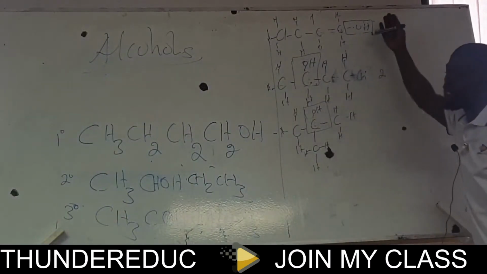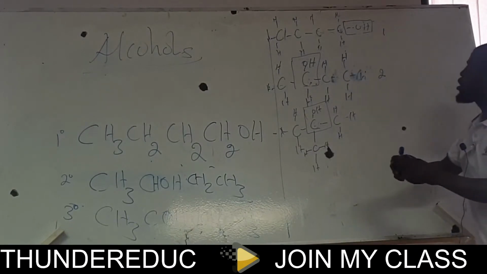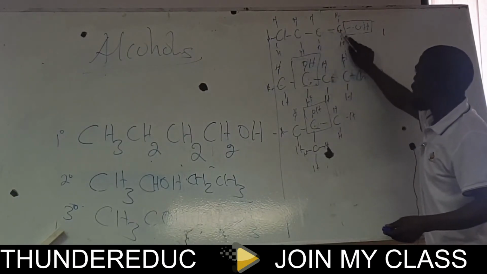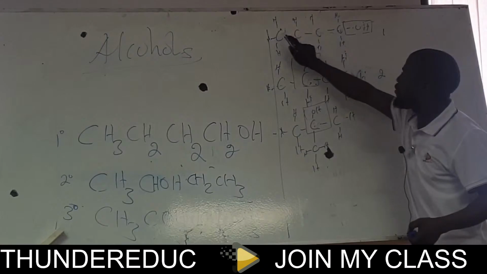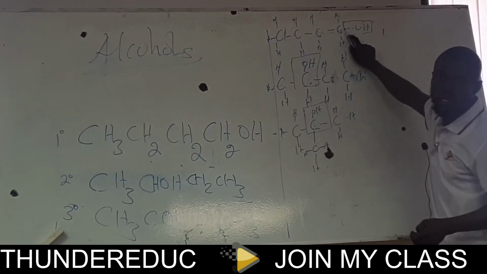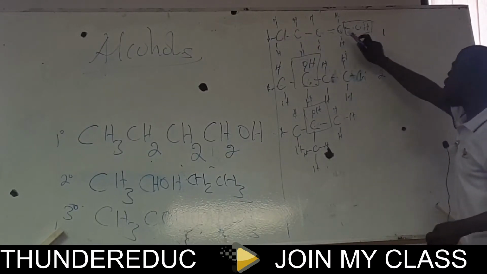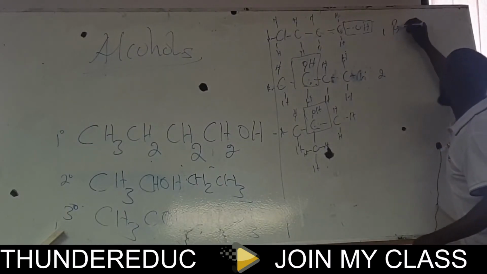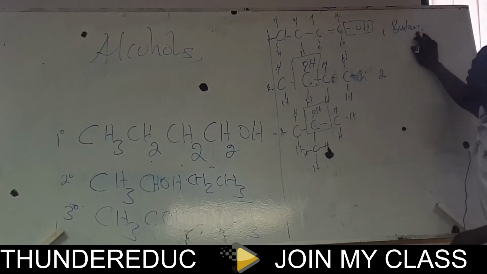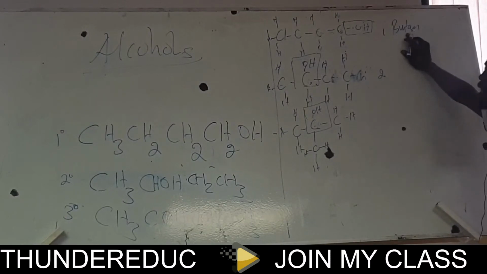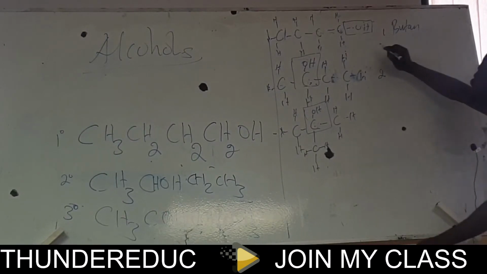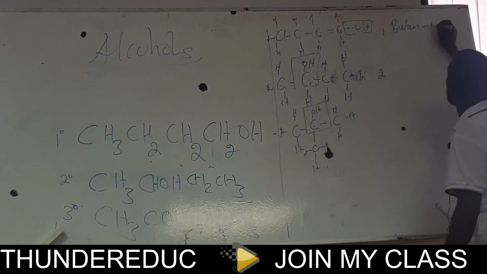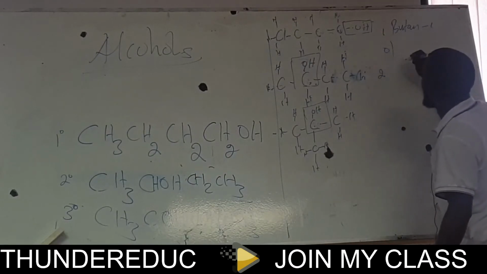Let's name them. This is 1, 2, 3, 4. Remember, with alcohols we don't only stop at butane; it is on carbon atom number 1, and for alcohol we add OL.